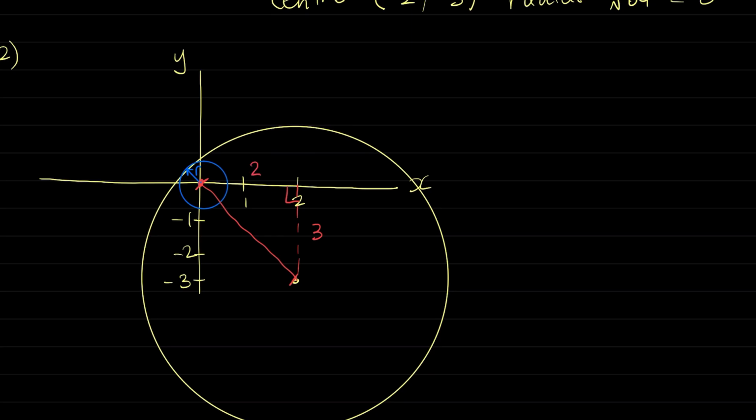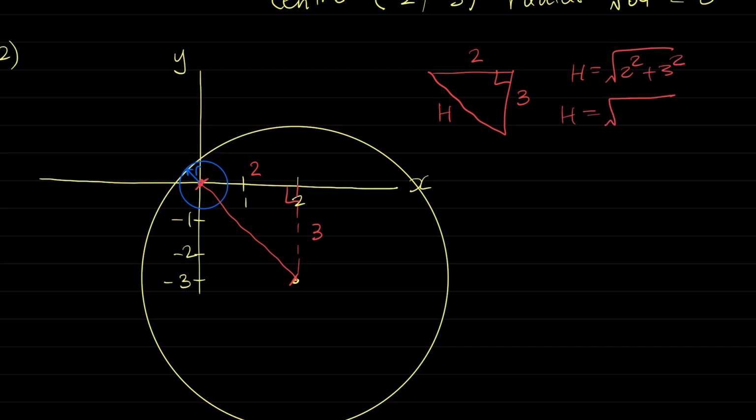So if we use Pythagoras, we can work out the hypotenuse. The hypotenuse is going to be the square root of 2 squared plus 3 squared, which is the square root of 4 plus 9. My hypotenuse is going to be the square root of 13.